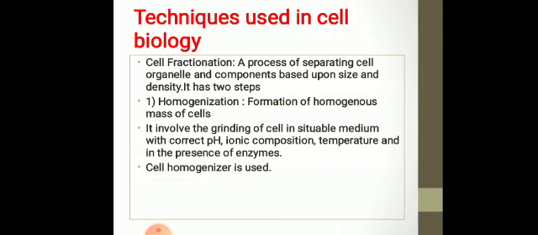Because the cell is a living thing, you have to apply proper temperature, proper ionic composition, and you have to apply enzyme, because the enzyme will help you to break down the different components present in the cell wall or the cell membrane of the cell. So once the outer boundary of the cell is broken down, definitely the inner matter of the cell will come out, right?